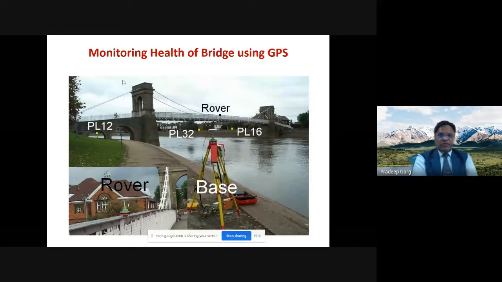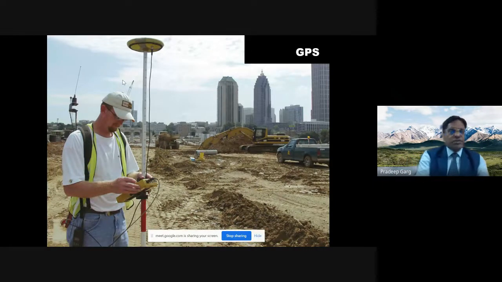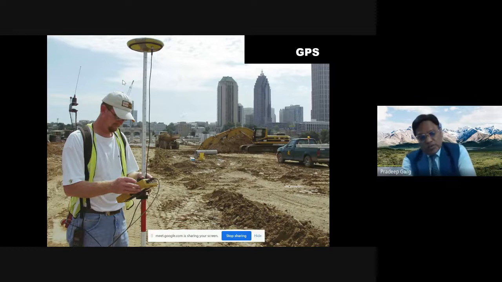So there is a lot of deflection in the bridge when there is a heavy load, when there is a train moving, or when there are two trains moving in opposite directions there. Then you will find that there is a deflection in the bridge because they are old bridges. So one can find out whether the deflection is permissible, or this particular bridge needs replacement, or repair is required. This is the field data collection with the help of this GPS instrumentation.